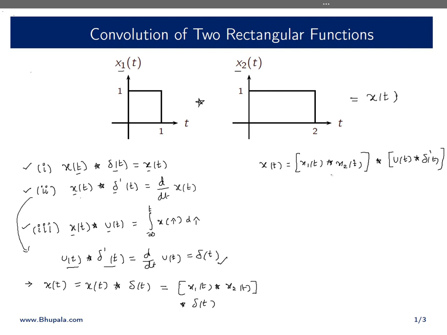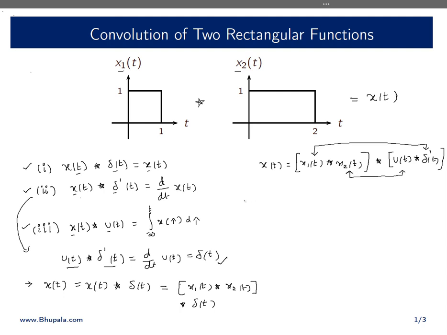Because the convolution operation is commutative and associative, we can interchange the order of the convolution, and hence we can convolve the first signal x1 of t with derivative of Dirac delta function and x2 of t with the unit step function.